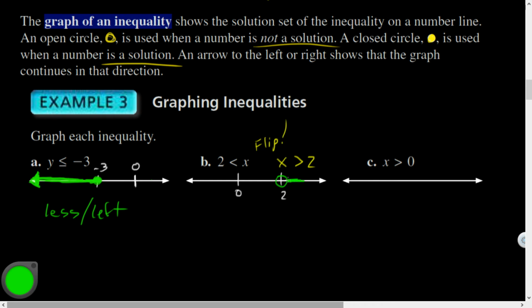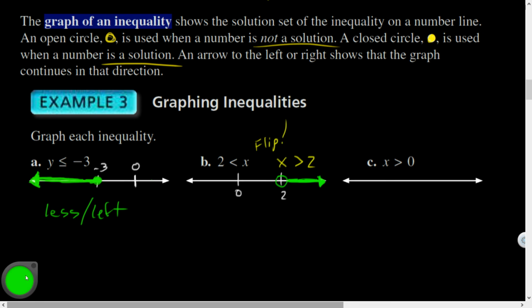So I'm going to shade to everything bigger than 2. So that means 2.1 is a solution, 2.001 is a solution. Everything coming at 2 from the right-hand side here is a solution, except for 2 itself.